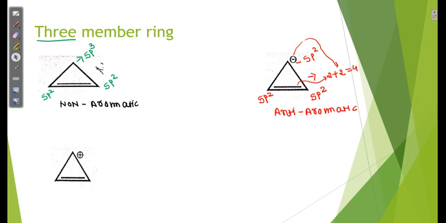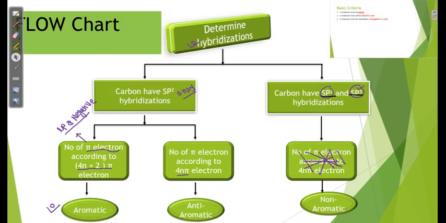Here we check the hybridization first. During the checking of hybridizations, we found that this is sp2. Again this is sp2. Again this is sp2. According to that chart, if all carbons are sp2, our next target is to find the pi electrons.